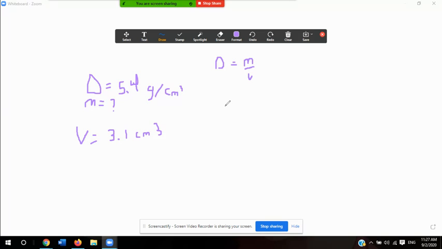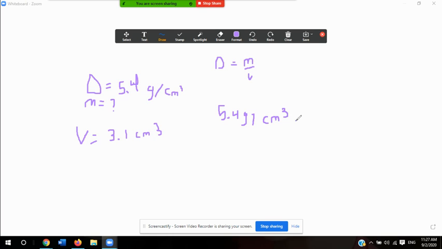So we have our density, which is 5.4 grams over centimeters cubed.